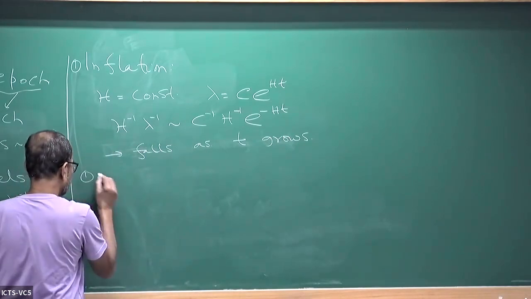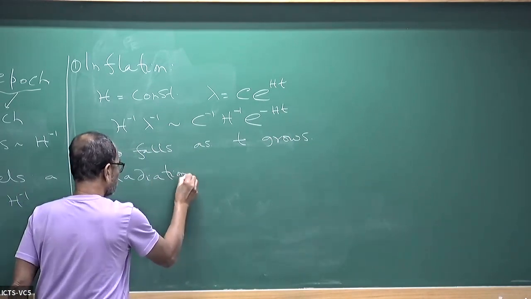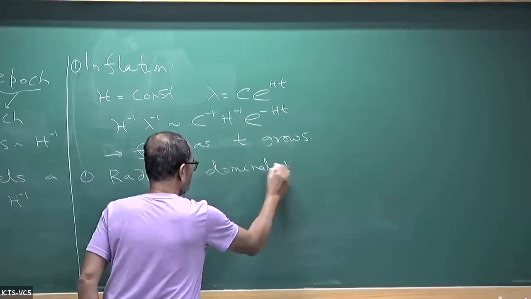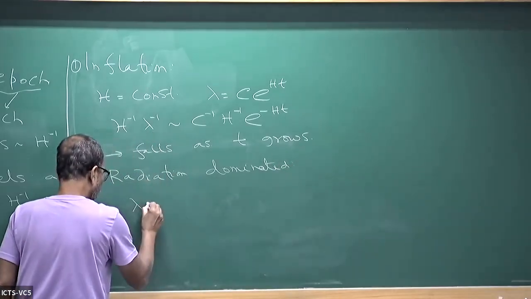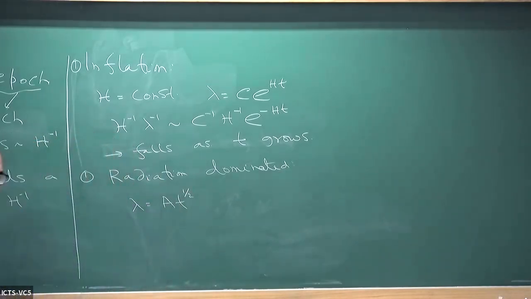Radiation dominated. Here you have lambda equal to a t to the half, where a is a constant.